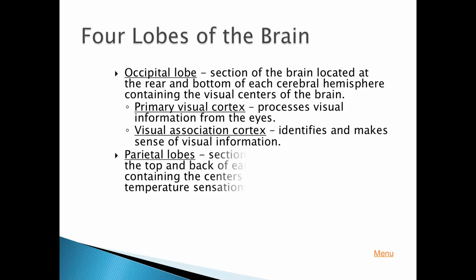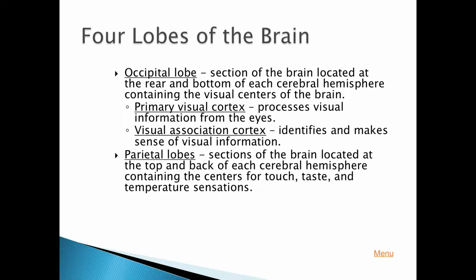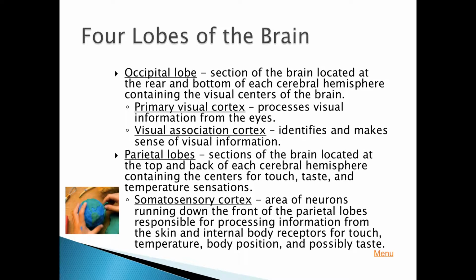All right, so damage here, they still see, but they're unable to make any sort of identification or sense of that particular information. Parietal lobes, section of the hemispheres located at the top and the back, our senses for touch, taste, and temperature are processed here. The somatosensory cortex is this section of neurons.